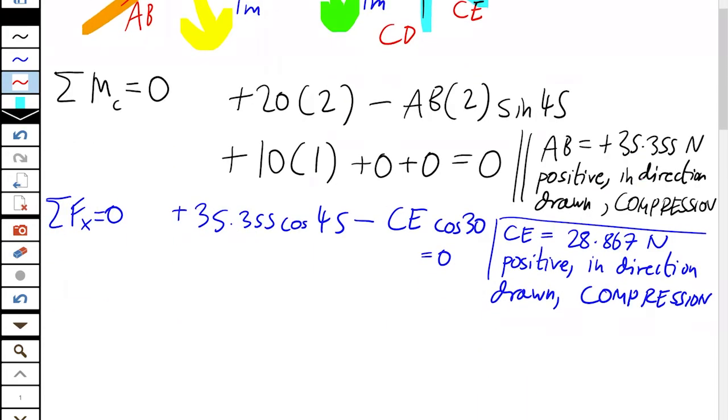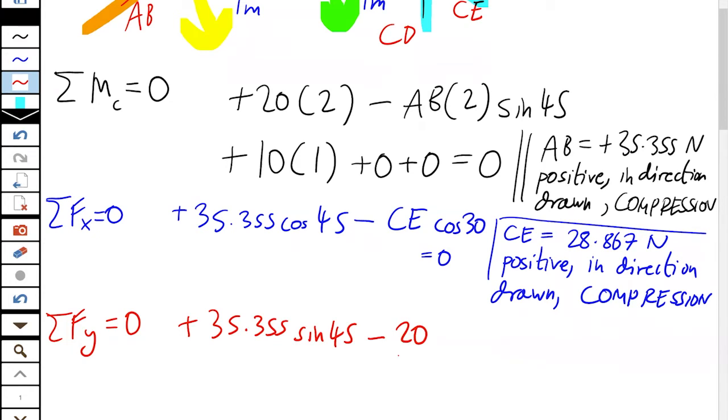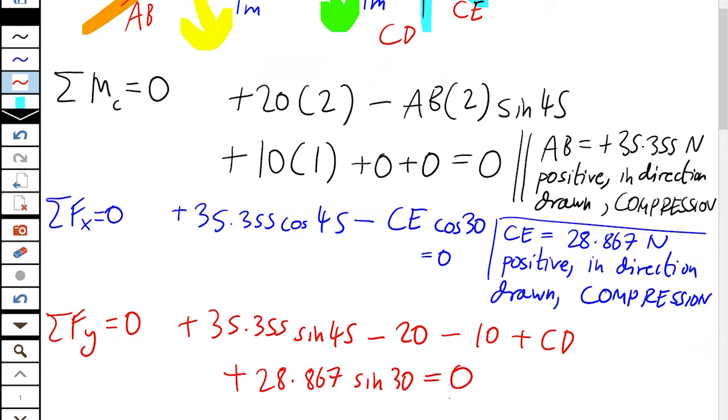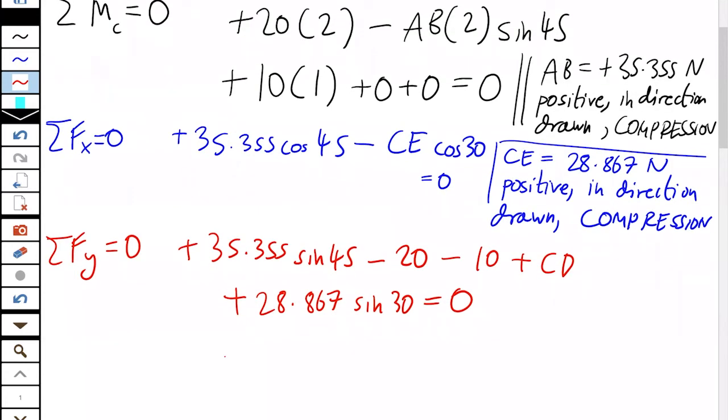And then finally, the sum of all the vertical forces is 0. Well, we had plus the vertical component of AB up, minus 20 pushing down at B, minus 10 pushing down at the middle of the bar, plus CD up at C, and plus pushing up, always check your axes and words, the vertical component of CE pushing up at C. Again, that beautiful thing, one equation with one unknown, we find CD is minus 9.433 newtons.